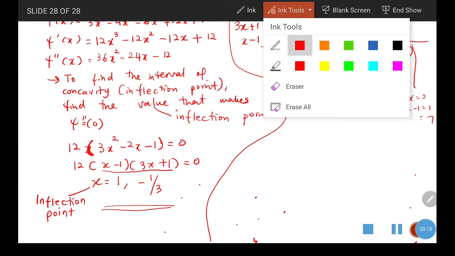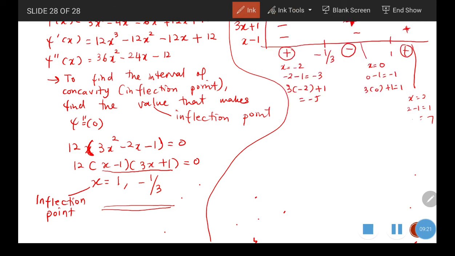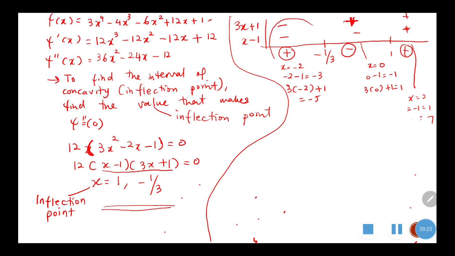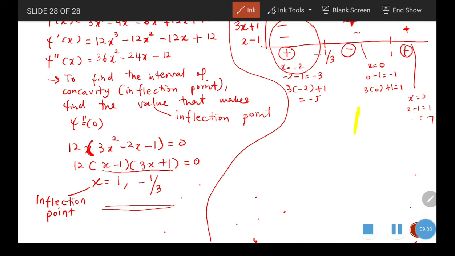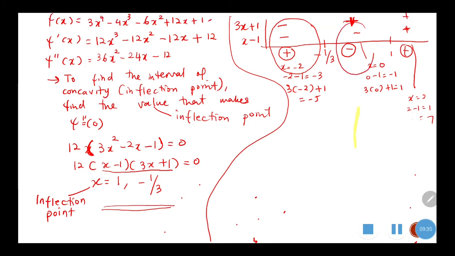And this part here is concave down. And this part here is concave up again because it is higher than 0.